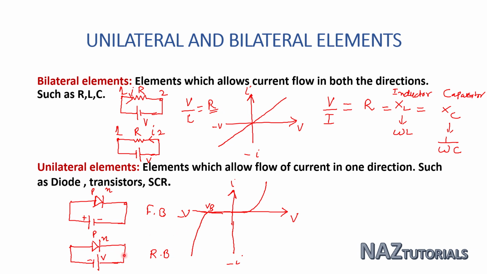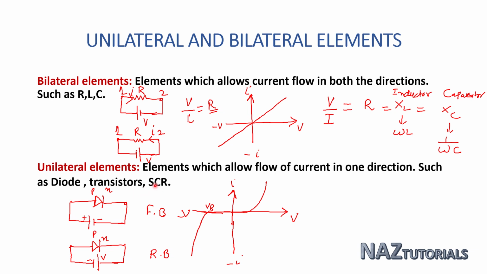So this is the basic concept of unilateral elements. For the transistor and SCR, their VI characteristics also change for the negative terminal of the battery, and they behave as non-linear elements and do not allow current to flow in reverse polarity. So this is the basic concept of unilateral and bilateral elements.